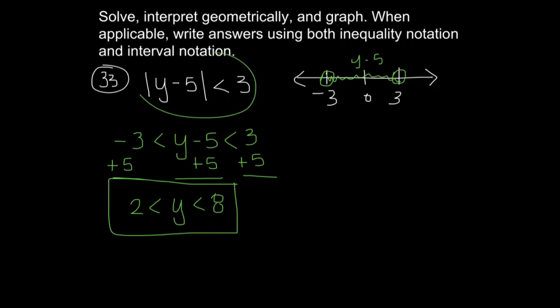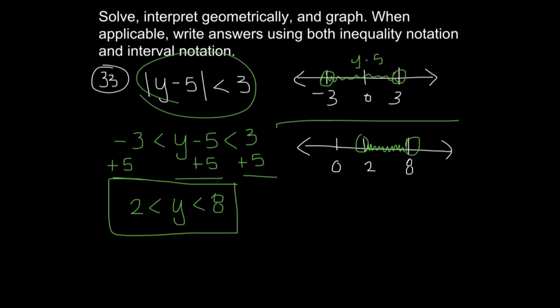absolute value inequality. If I graph this, remember that what we looked at before was just a sketch of a graph to get us started. This will be the graph of our solution. So in this case, I know that my solution includes all the numbers between 2 and 8, but I don't actually want to include 2 and 8, so I'll put open circles around those.